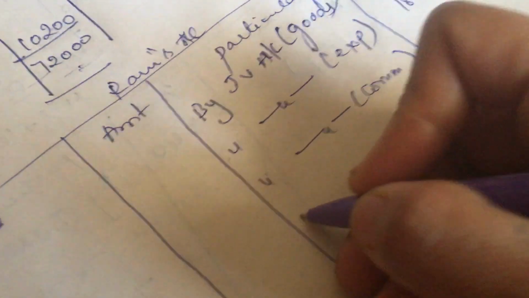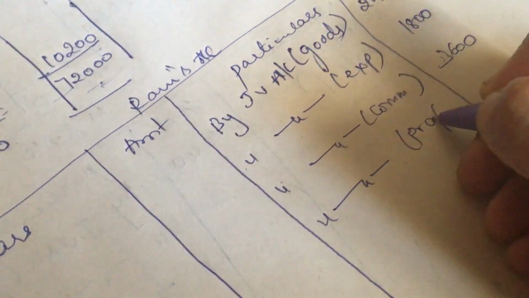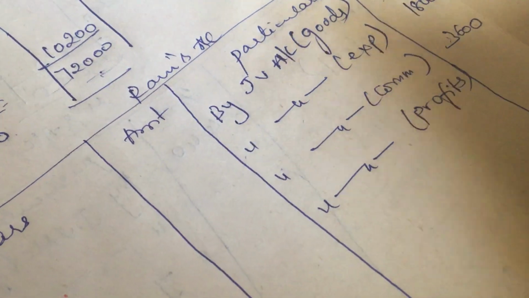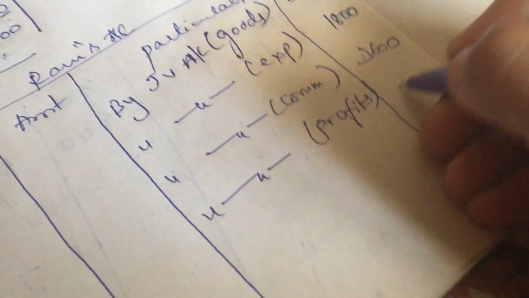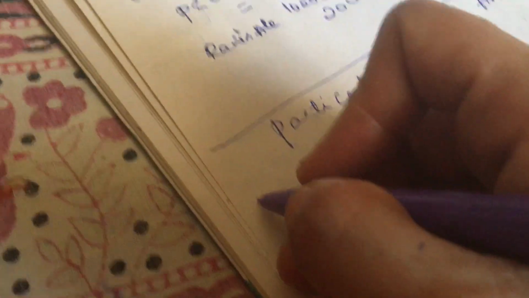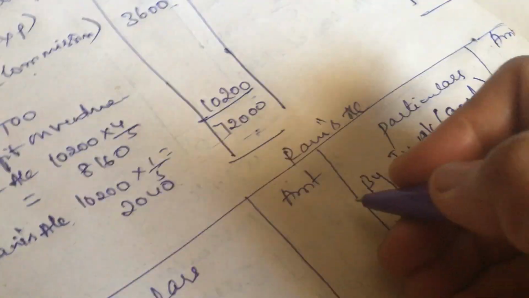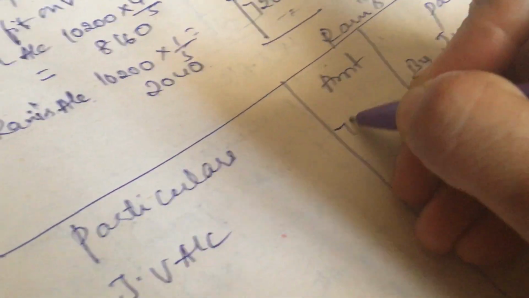And share in profits by joint venture account, she is getting 2,040. And for the sales made by Rani, the sales amount is 72,000, to joint venture account 72,000.